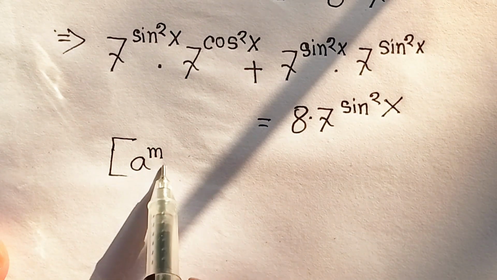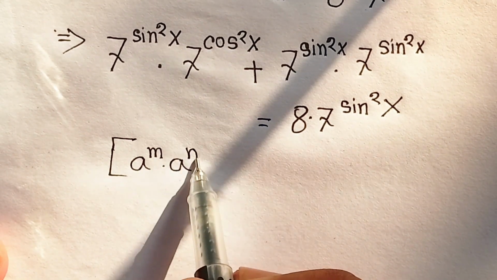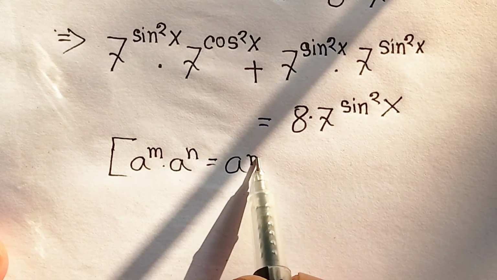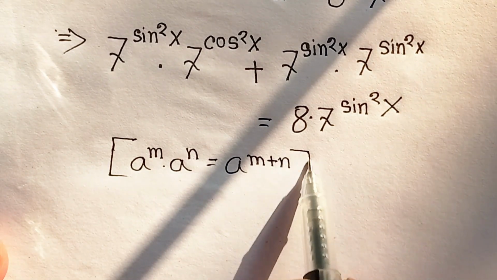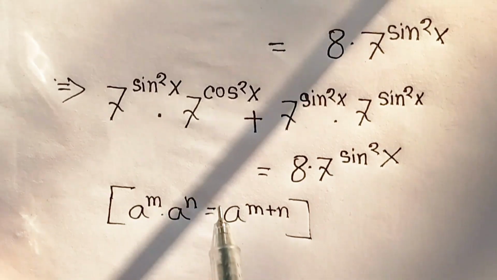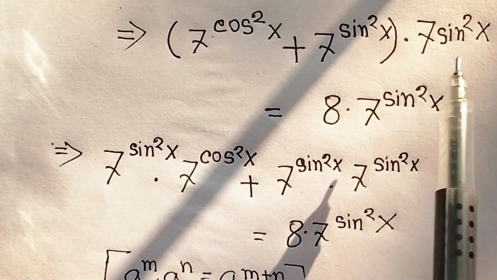a^m times a^n is equal to a^(m+n). We just use this exponential formula with this equation.